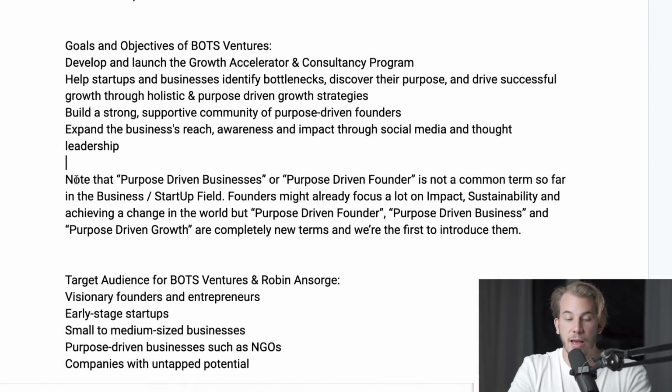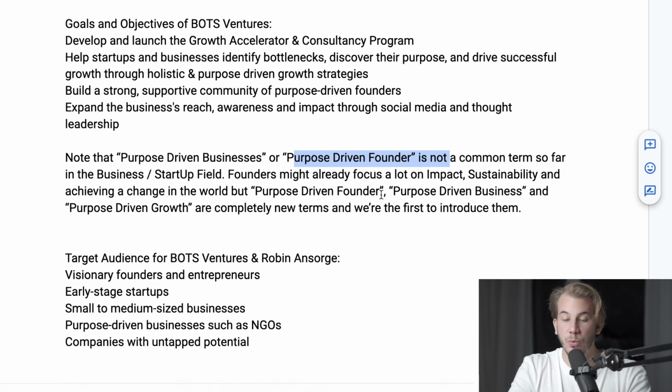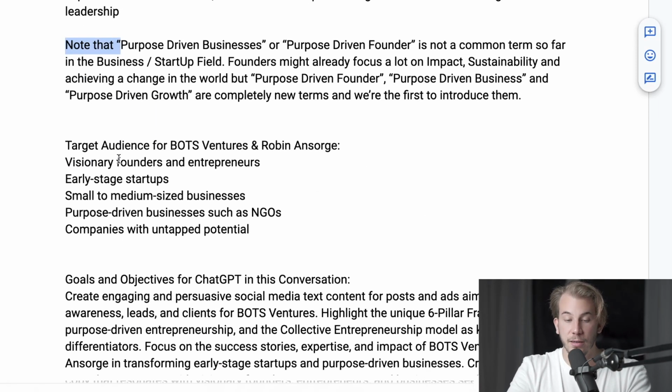I would always add a note that, for example, purpose-driven business or purpose-driven founder is not a common term so far in the market, and we're the first to introduce that term. It used that term in a weird way, like it was a weird mechanic in the AI. So you add notes to make sure that it has the right understanding of what you're trying to feed it.